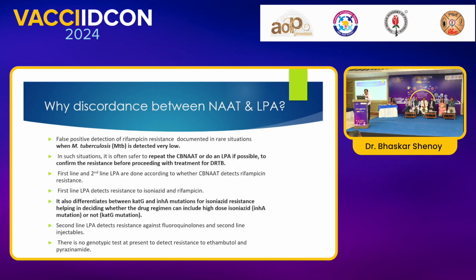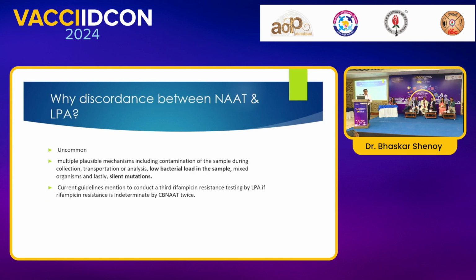So that is the advantage of rationalizing or streamlining the antibiotics. So the PCR role comes here. We are used to only rifampicin resistance, but now with LPA you can look at more resistance, but there is no genotypic test at present for ethambutol and pyrazinamide. The rest is what you have already told.